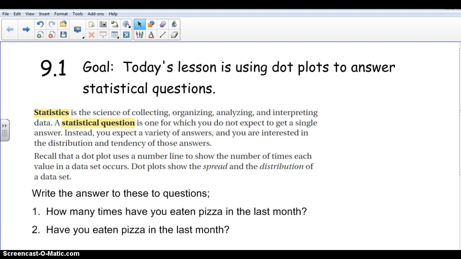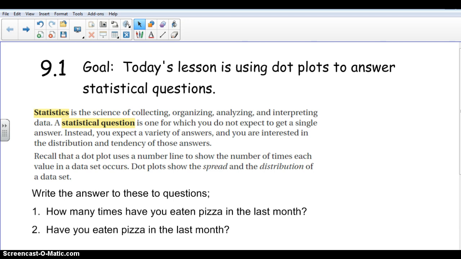Is it how many times have you eaten pizza in the last month? Or number two, have you eaten pizza in the last month? The question that's a survey is, have you eaten pizza in the last month? How many times have you eaten pizza in the last month is a statistical question because you have to collect the information or the data, organize it, and interpret it and analyze it.